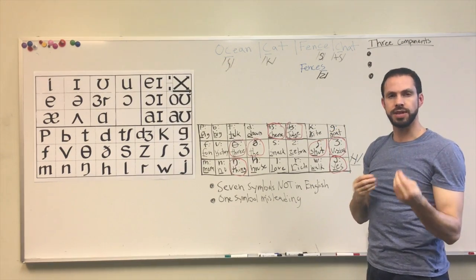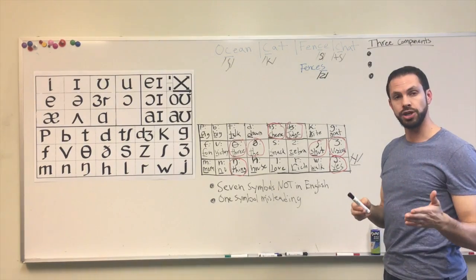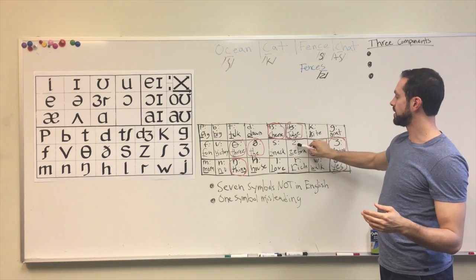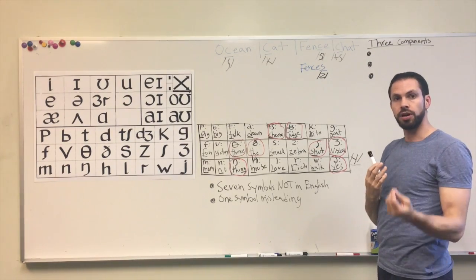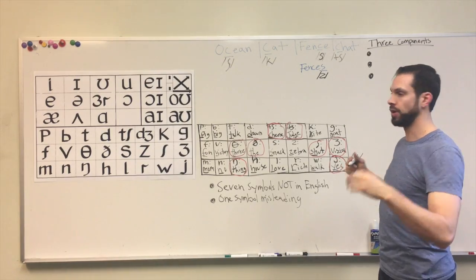Okay, what was the difference that you noticed? Well, you probably noticed that there was a vibration when we pronounce this sound, the Z symbol, the zebra. The technical term for vibration when it comes to pronouncing sounds is voicing.